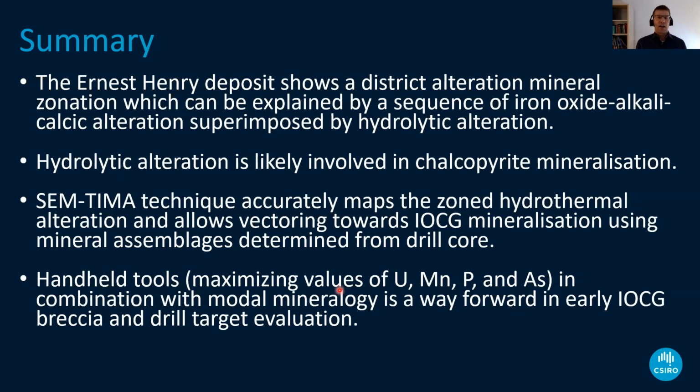So when you're able to analyze the mineral assemblages as a known, then this can be used to close in towards higher copper grades. And handheld tools such as portable XRF and the gamma ray spectrometer, if you can measure uranium, manganese, phosphorus, and arsenic with recurrent measurements, and combine it with SEM-TMA analysis, then this might be a way forward in early IOCG breccia and drill target evaluation.